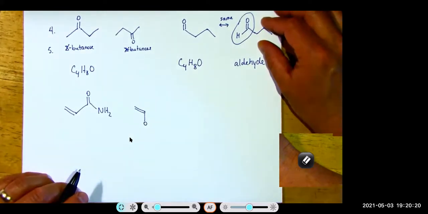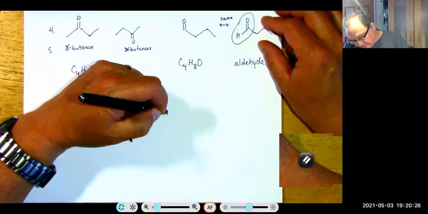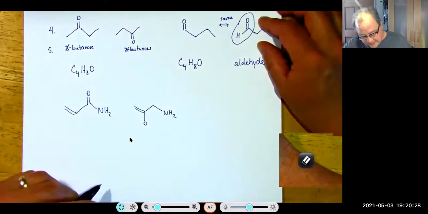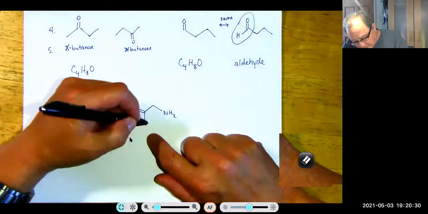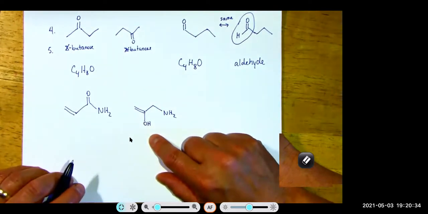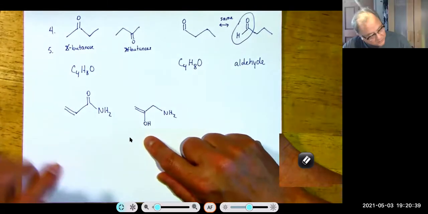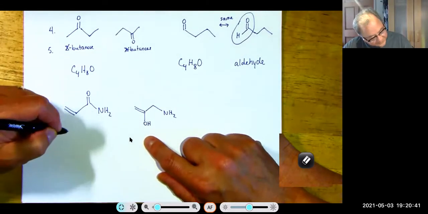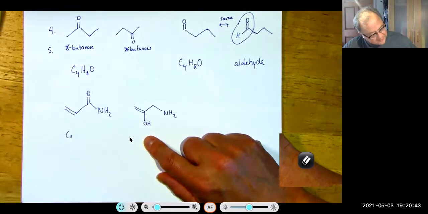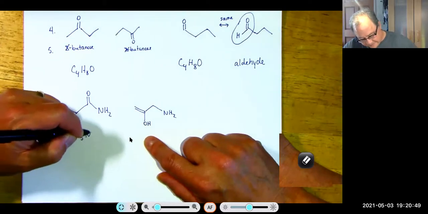No, because didn't you say we want to keep the double bond? Usually you do, but we've got to work with this, so let's find out if we need to. Here we don't have a double bond, so we have to put an H here, right? Right. Are these isomers? Well, we said that the formula was C3H5NO, right?